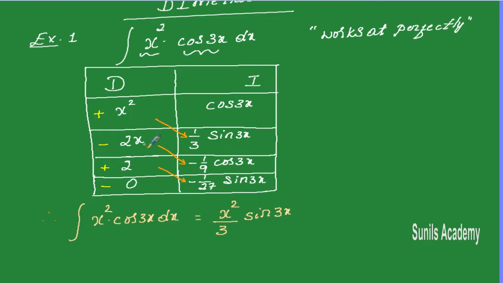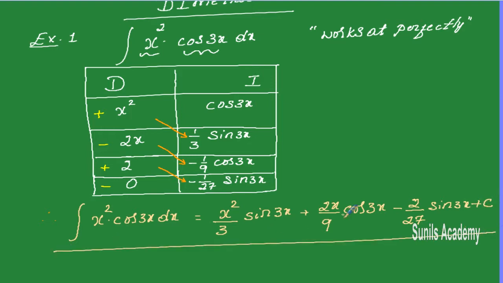Then again we consider these two, minus into minus is plus, 2x by 9 into cos 3x. Again these two, plus into minus is minus 2 divided by 27 into sin 3x, plus the integral constant.